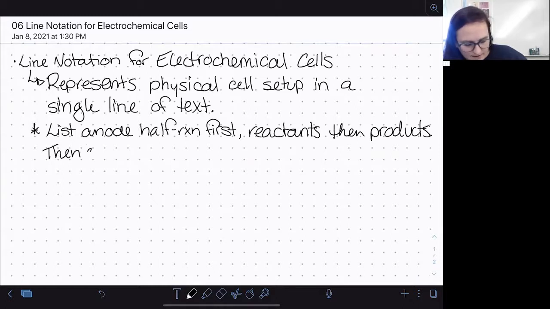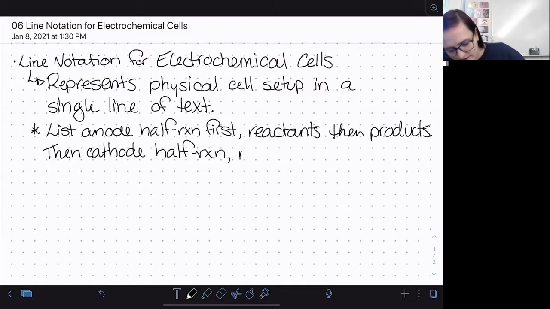Then we list the cathode half reaction, again, reactants and then products.